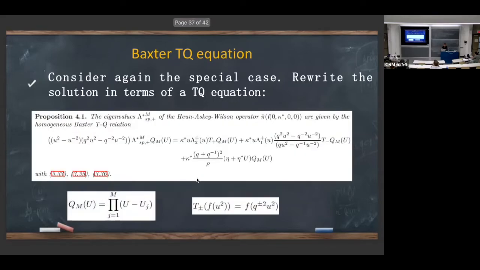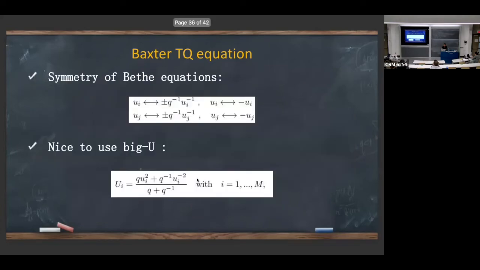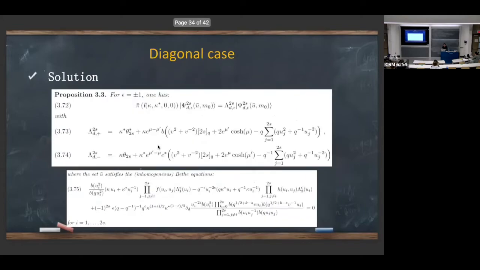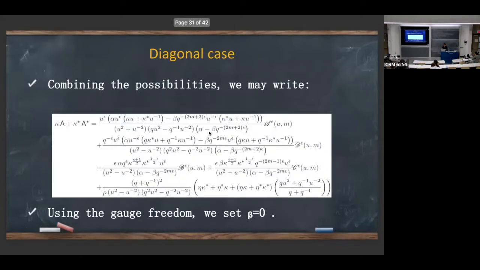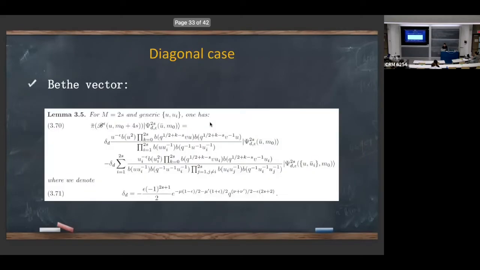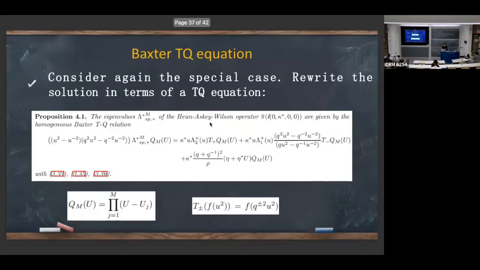Okay, so let me consider the Baxter T-Q equation for the special case again, which is the simpler case, and we can rewrite the solutions that I put here. Here we can write the solution in terms of a TQ equation. Let me explain how it works.